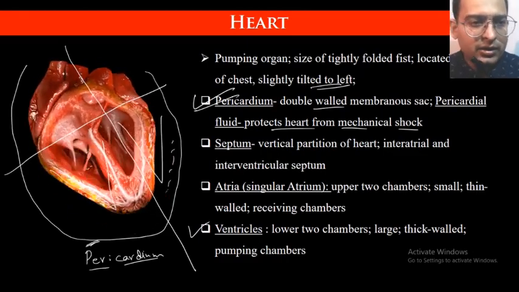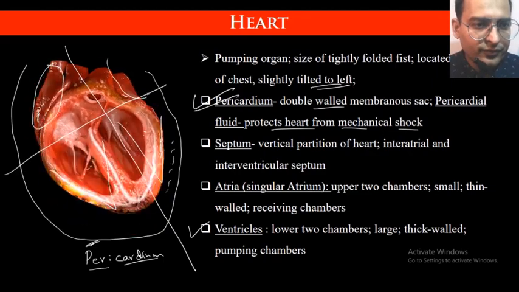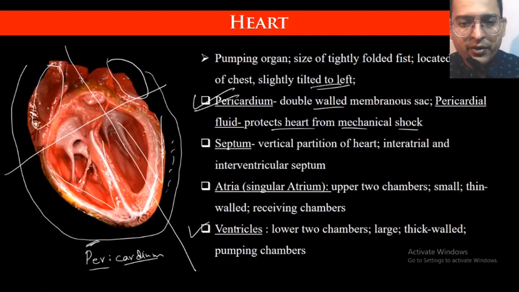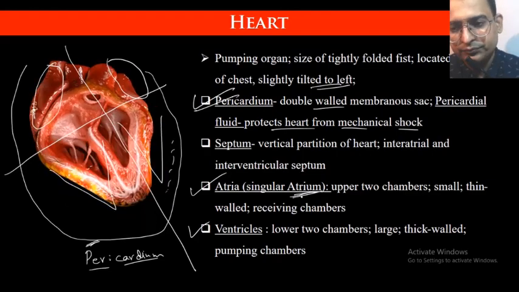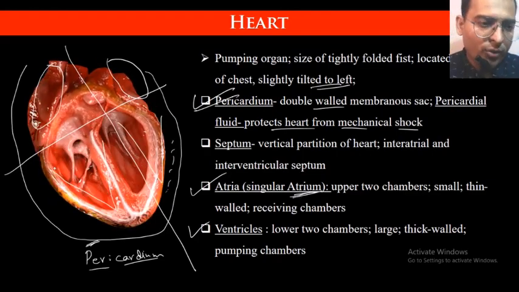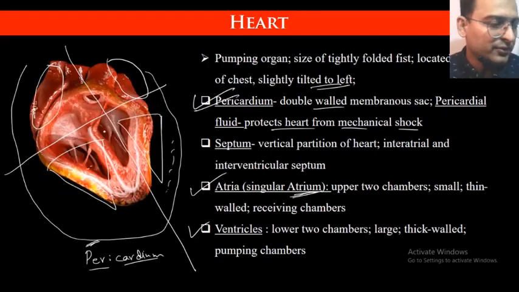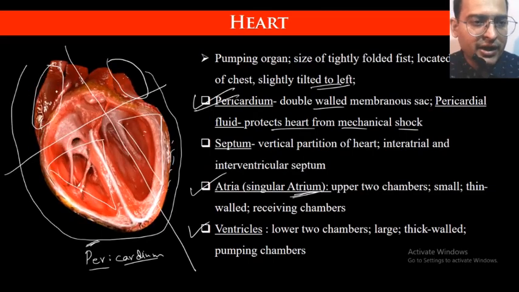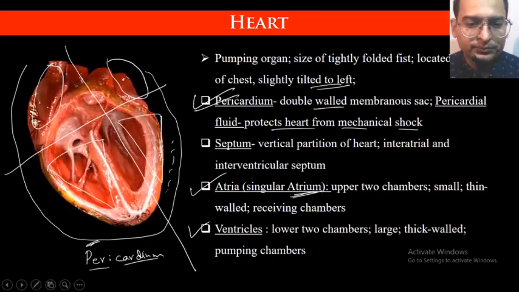And the upper part is the atria, the singular is called atrium. So how many chambers are there? There are 4 chambers in the human heart. In the lower part are the ventricles, and on the top there are the atrium or atria.